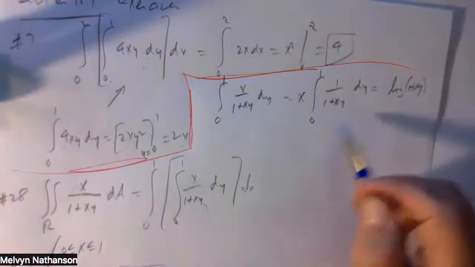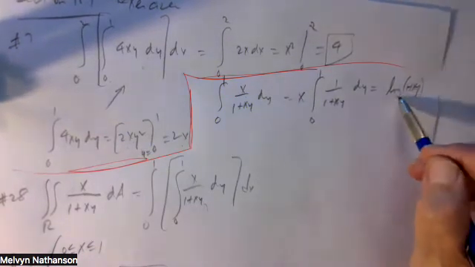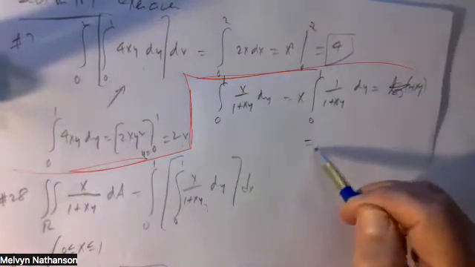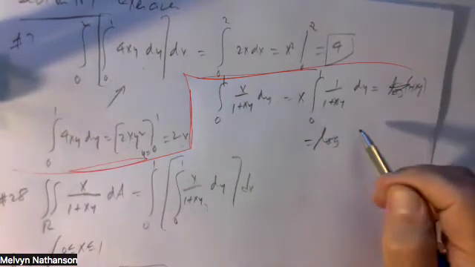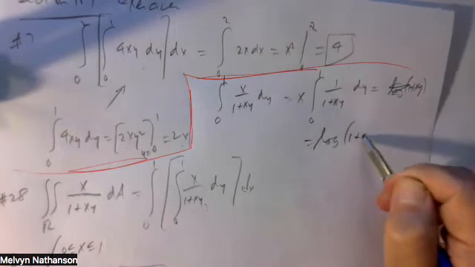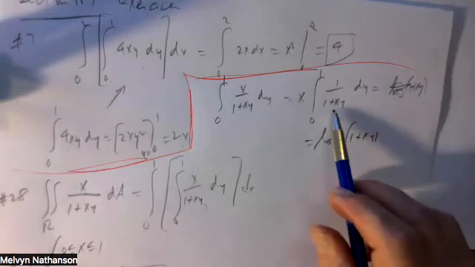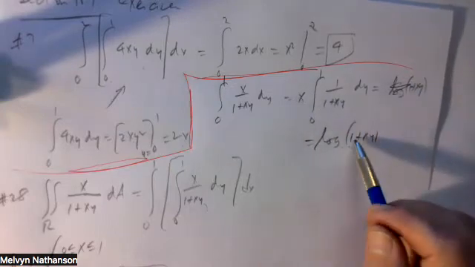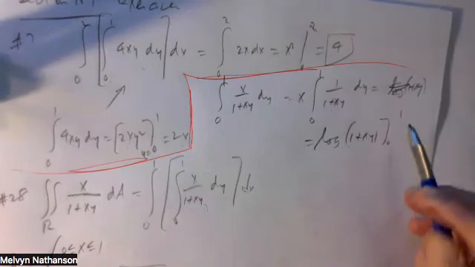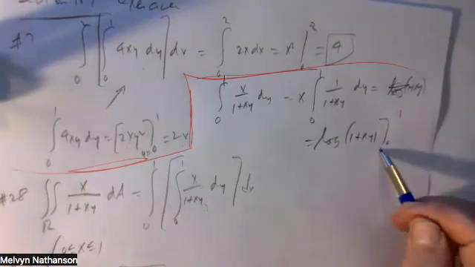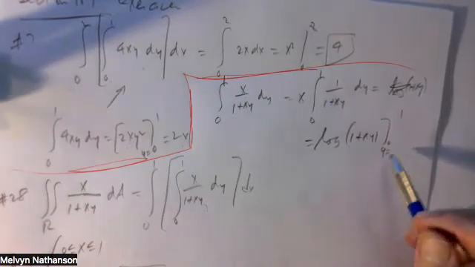Actually, in fact, this integral is the log of 1 plus xy, because if I differentiate this with respect to y, I get x times the derivative of 1 over 1 plus xy. And I'm evaluating that from y equals 0 to 1.